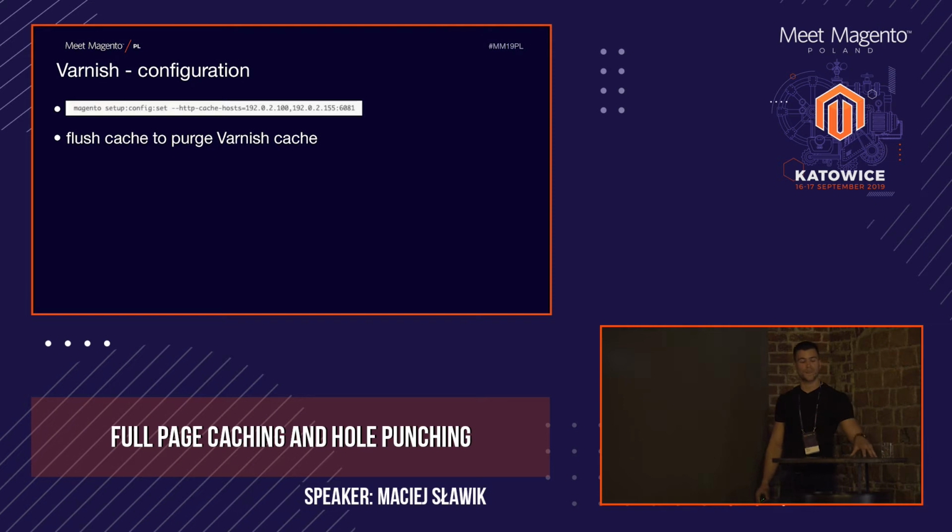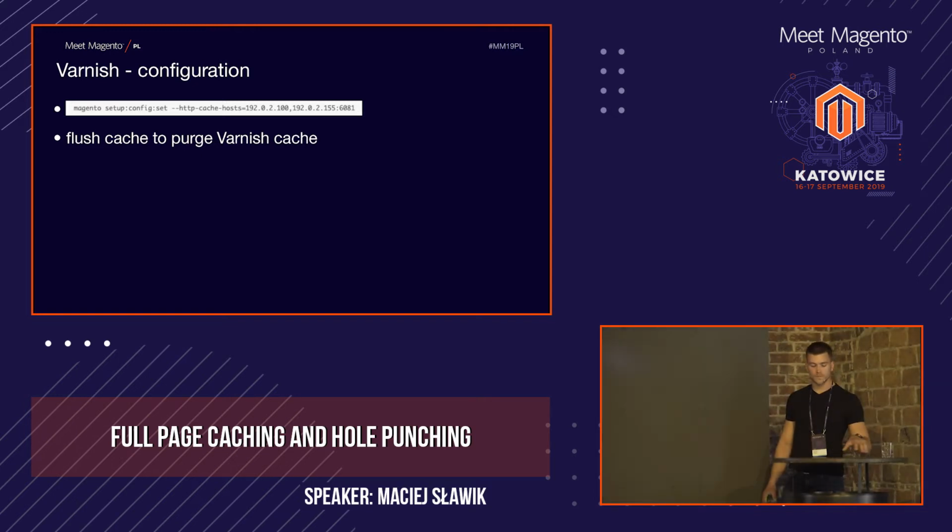in Varnish. So when saving a web page in full page cache, the first part of the caching key is the URL of the page, and the second part is the Magento Vary cookie that is generated for each customer, and it's saved in the customer's browser.